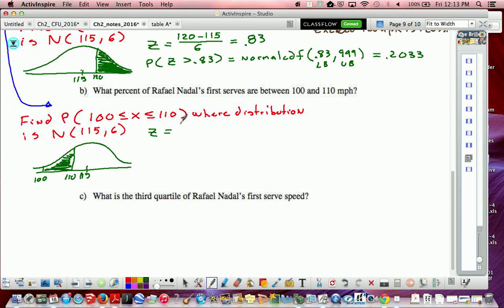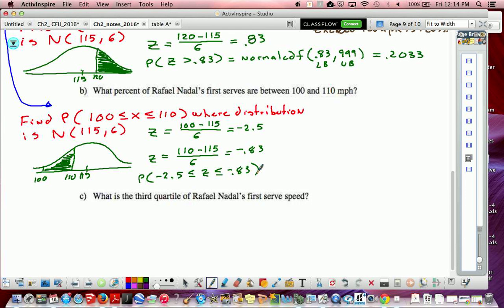The first one, 100 minus 115 divided by 6, is negative 15 divided by 6, negative 2.5. The other one, 110 minus 115 divided by 6, is negative 0.83. So I'm really looking at the proportion of z-scores that are between negative 2.5 and negative 0.83.